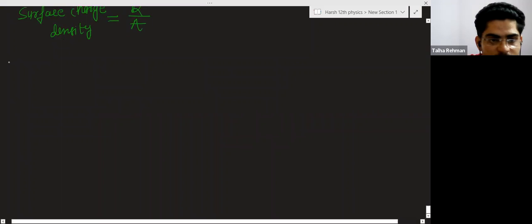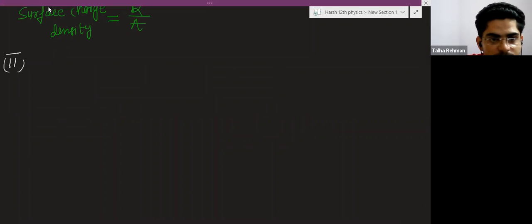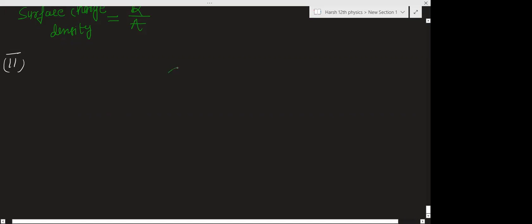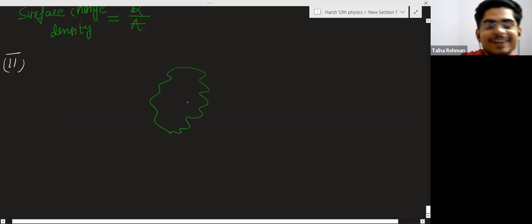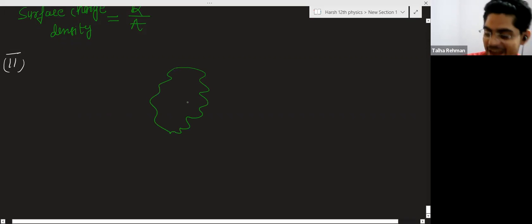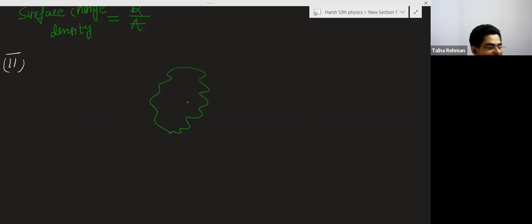So this point is clear. Our second point is: what about the electric field? Actually, I am asking what will be the electric field inside the conductor.